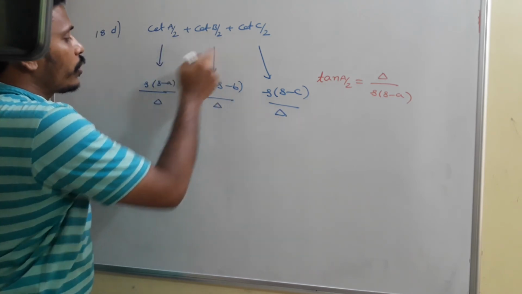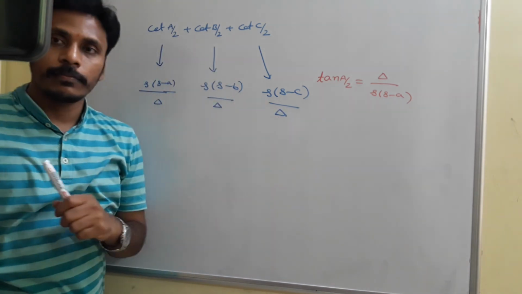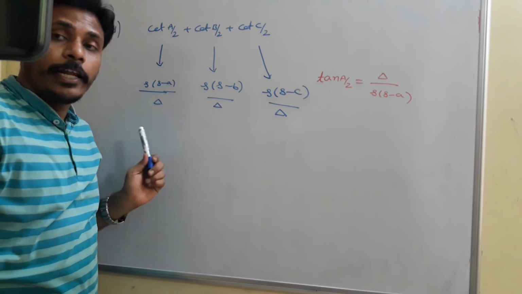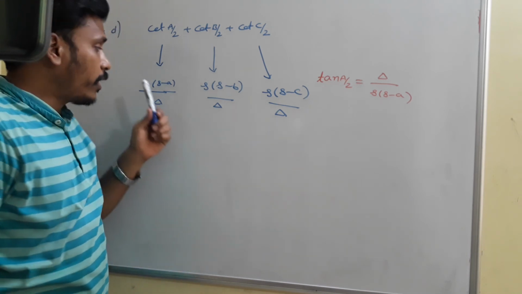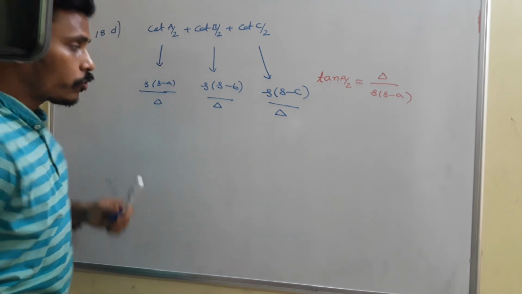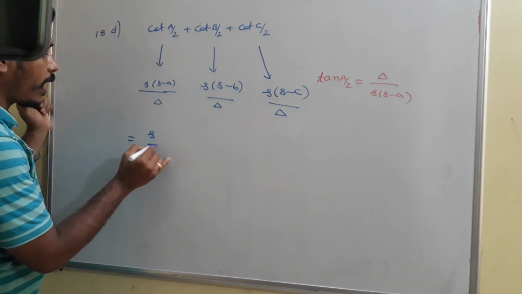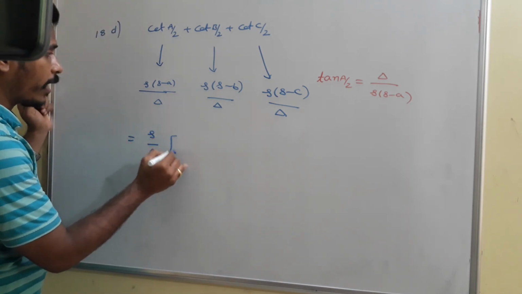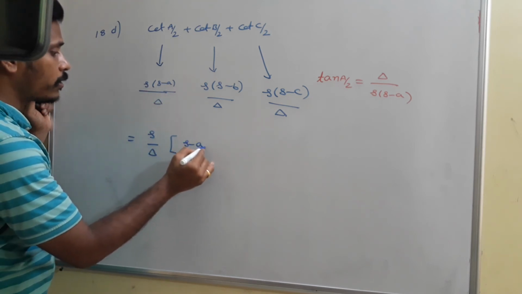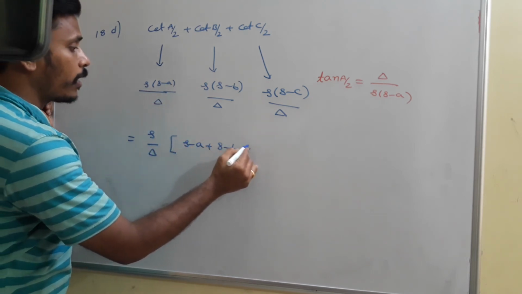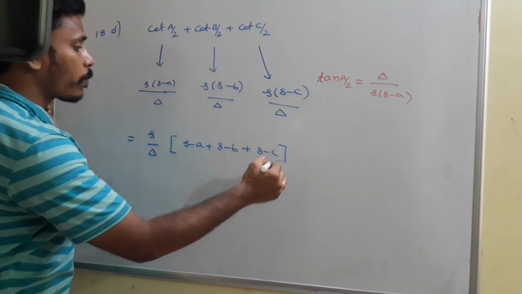So the sum of these three is nothing but the sum of these three. How to simplify? The denominator delta is common. In the numerator, s is also common. So if you pick out s by delta as a common factor, then in the bracket, from the first term s minus a, from the second term s minus b, and from the third term s minus c.